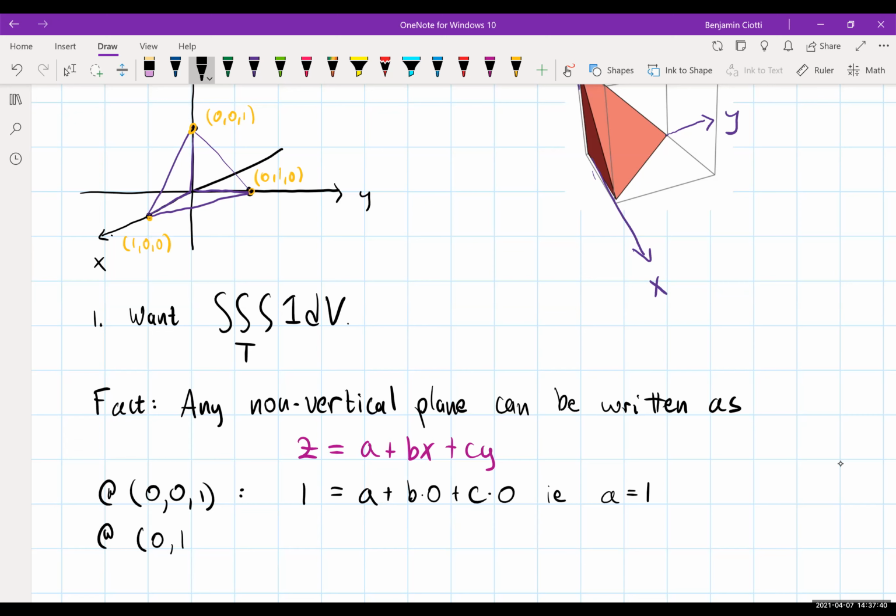How about at 0, 1, 0? I find that 0 equals, now A is 1, plus B times 0 plus C times 1.